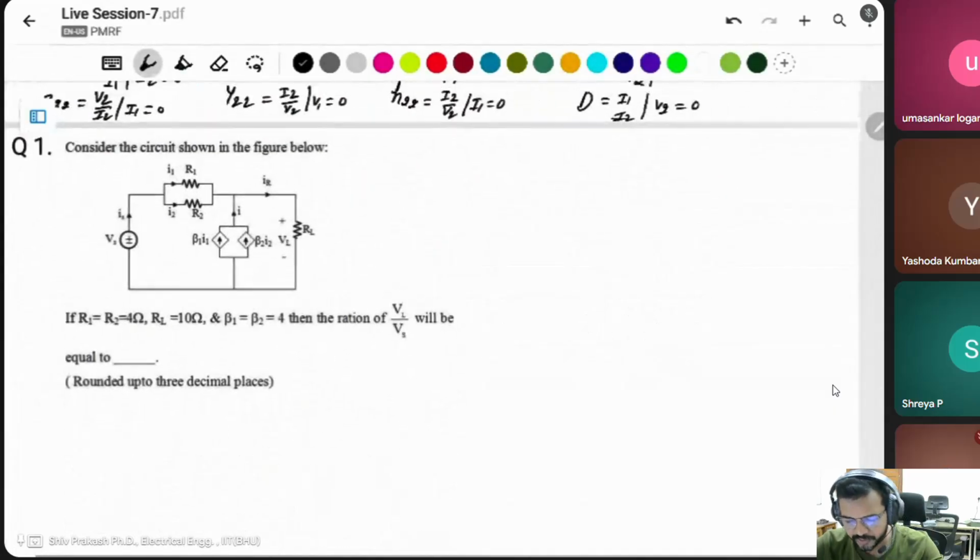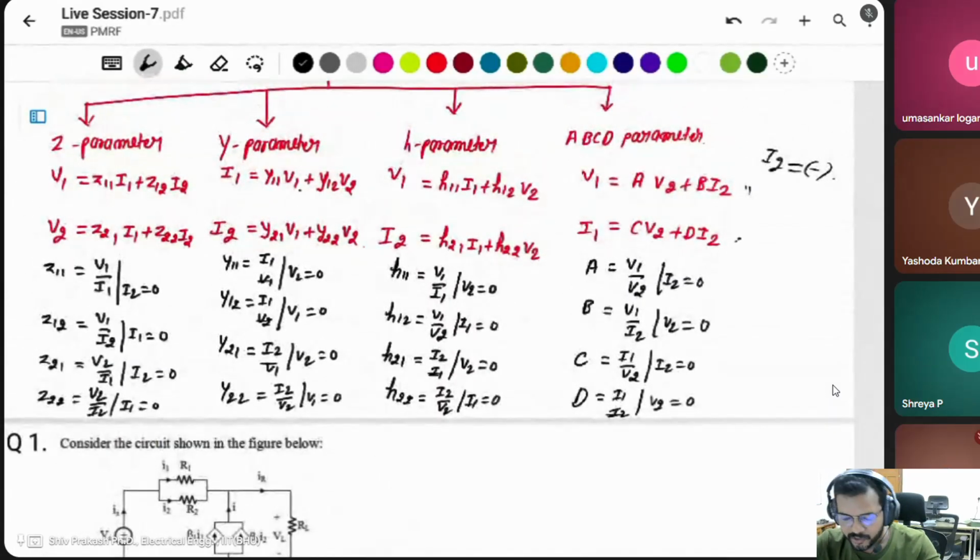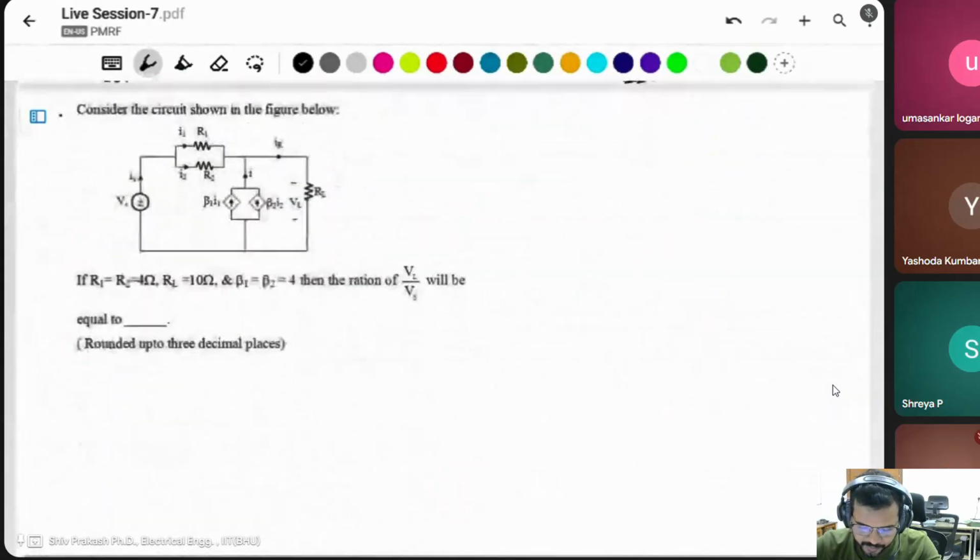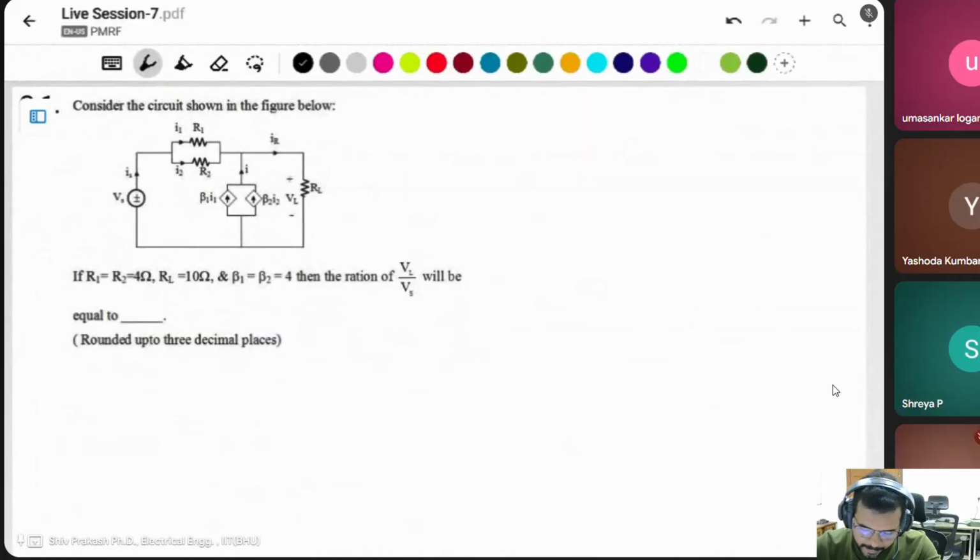Okay, let's start the question. Then we'll clarify more. Consider the circuit below. Then find VL, it means output voltage divided by input voltage.